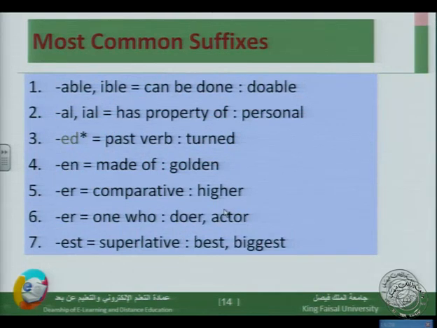Let us start with the first one, able and ible. They have the same meaning: can be done. The root verb right here is do, and if you want to say that this can be done, then you should add able: doable. Doable.